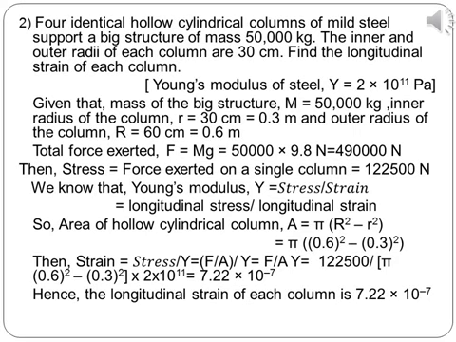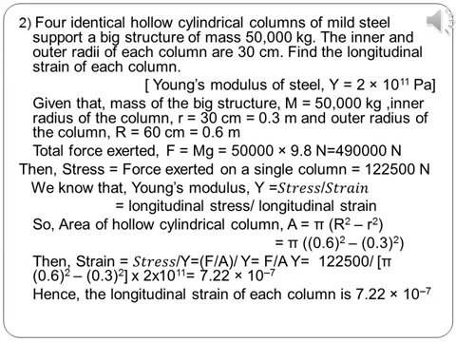Here we have to calculate the area of the hollow cylindrical column, A is equal to pi into capital R square minus r square, equal to pi into 0.6 square minus 0.3 square.